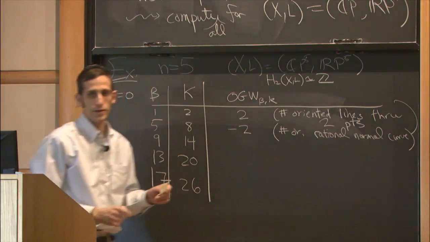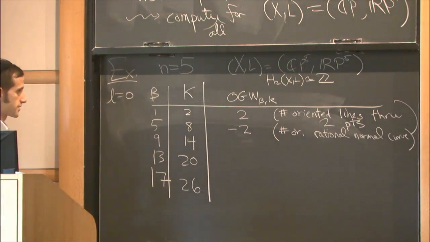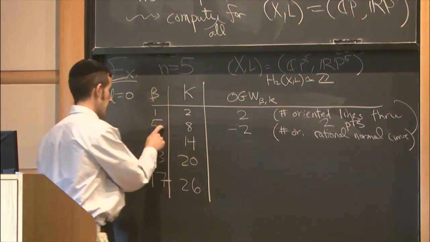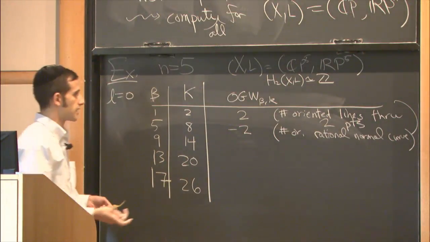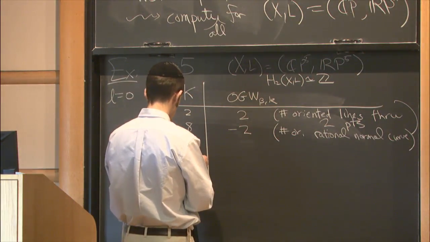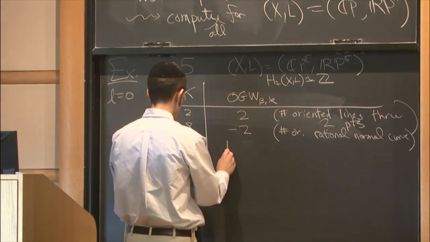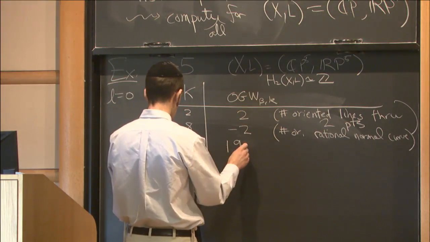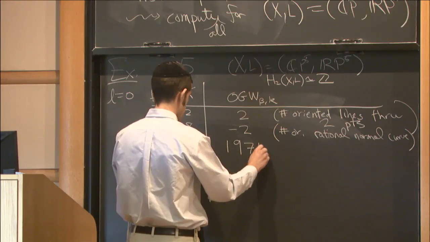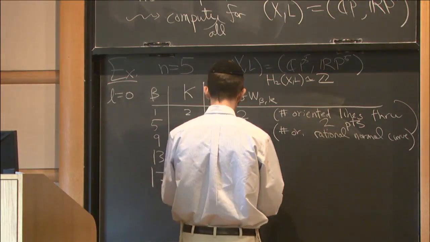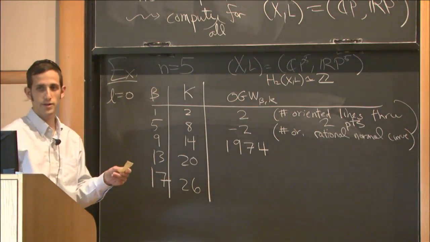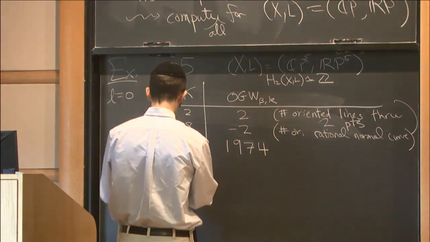So basically some kind of linear algebra, where you look at curves of degree n in dimension n. And then comes the more fun part. So when you go to degree 9, you get 1974. I don't know what that means in classical enumerative geometry.